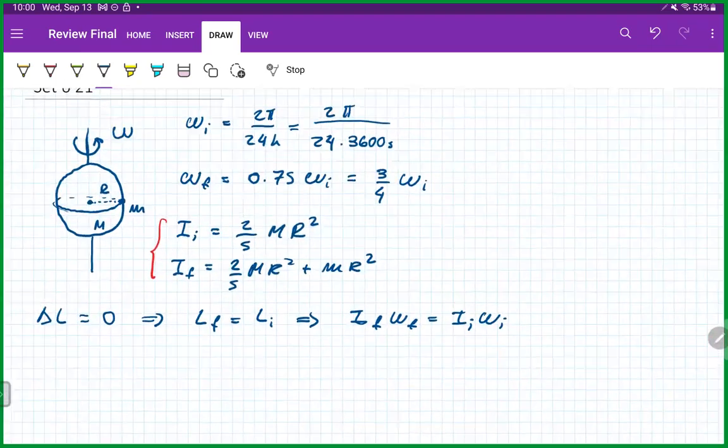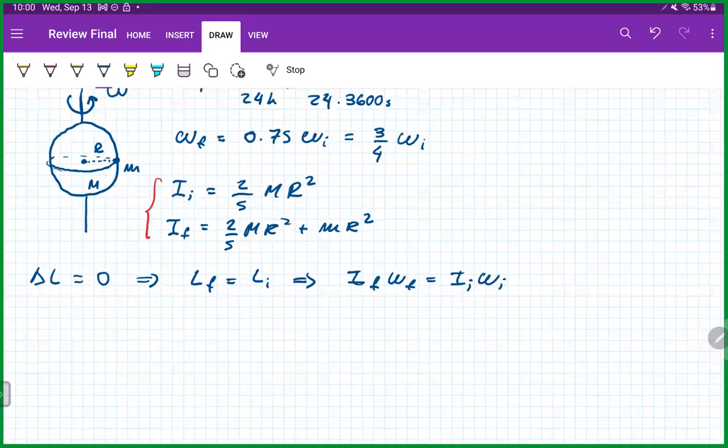And now we simply need to get the expressions for both I's and the angular velocities. So we have 2/5 r squared plus r squared.